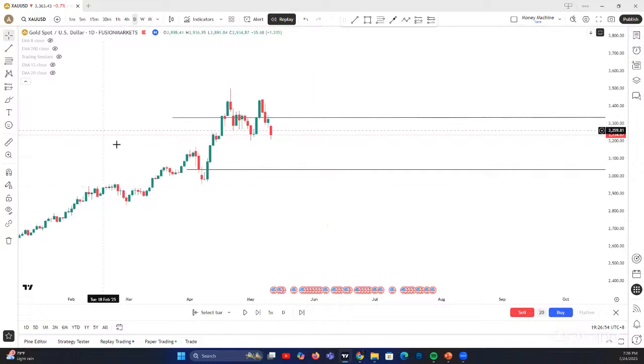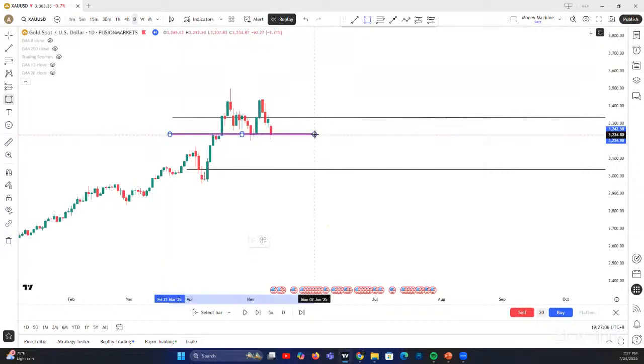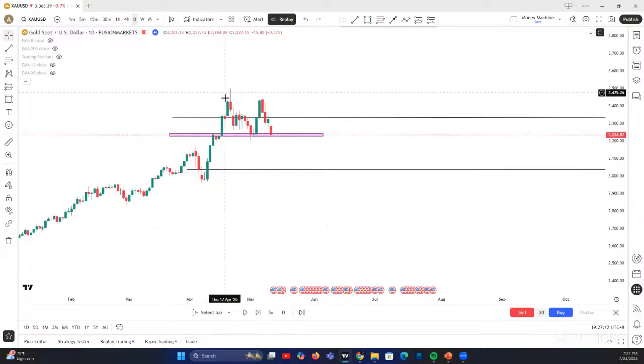So these are the weekly levels there, and from here you can mark your support and resistance. This is support. It was once a resistance. It broke there, now it went to support, and then it bounced back again. So this is now really a support.